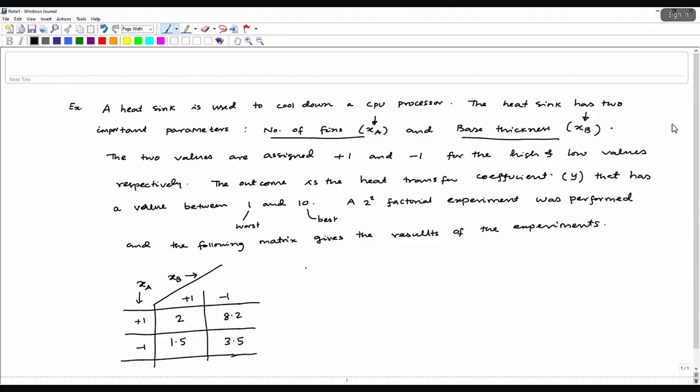Now, the question is, you have to determine the regression parameters and comment on the results.